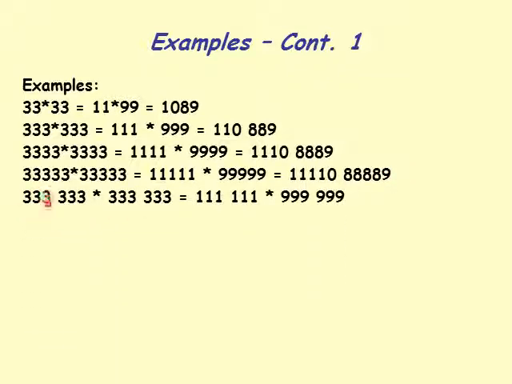6 threes here. 333,333 times 333,333 is 111,111 times 999,999, which is equal to 111,110, which is one less than before, and 888,889, which is all from 9 and last from 10 of 111,111.